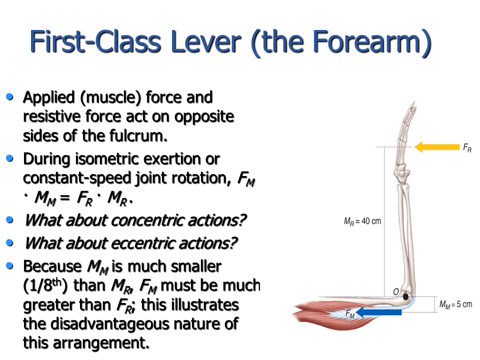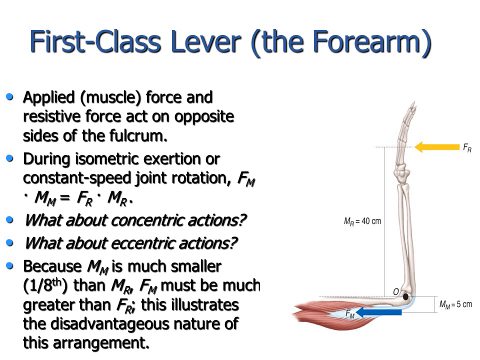So that makes sense that if there is no joint or limb motion, the forces operating around the fulcrum must be equal, and you can picture that on a teeter-totter. If both persons on both sides of the teeter-totter are exactly the same weight and exactly the same distance from the fulcrum, the teeter-totter does not move.